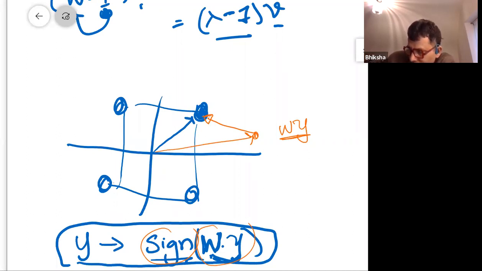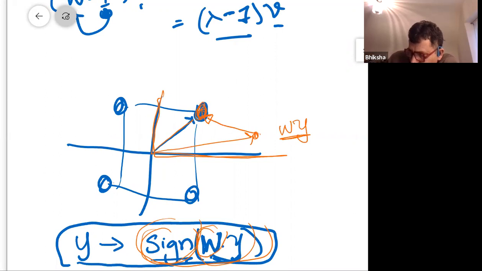So what this means is that at each evolution step, this W times y is going to rotate and scale the vector, and then this sign is going to snap it back to the same corner. And so long as W times y keeps the vector within the same orthant, this operation is going to keep bringing the vector back to itself, right?